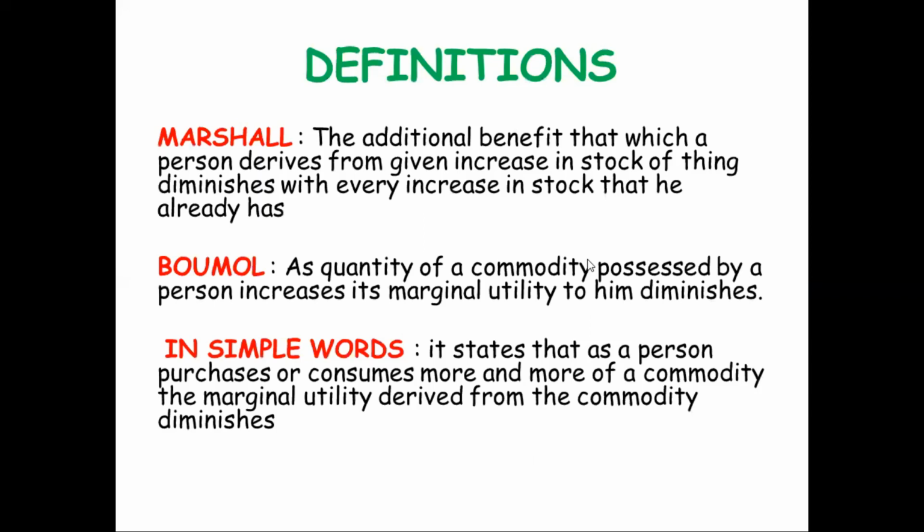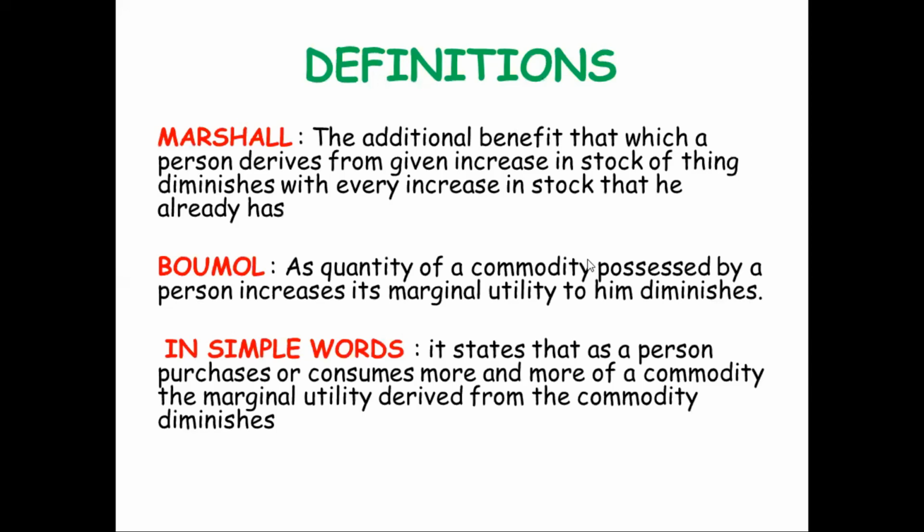Before starting the assumptions, let us look into definitions. These are three definitions which are given. The first one is given by Alfred Marshall: the additional benefit which a person derives from a given increase in the stock of a thing diminishes with every increase in the stock that he already has.